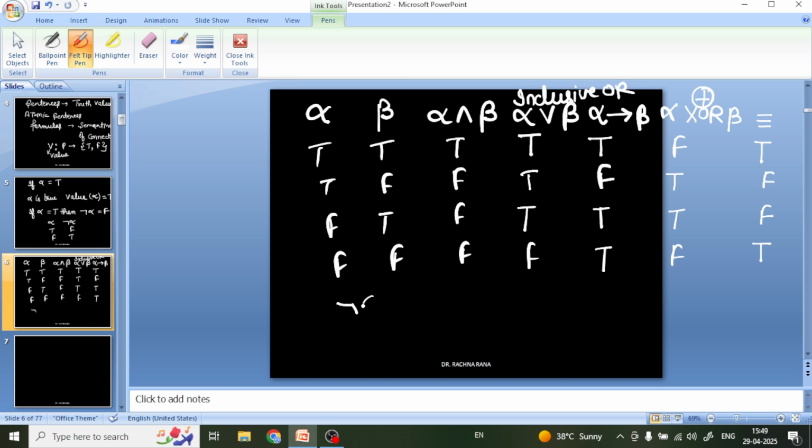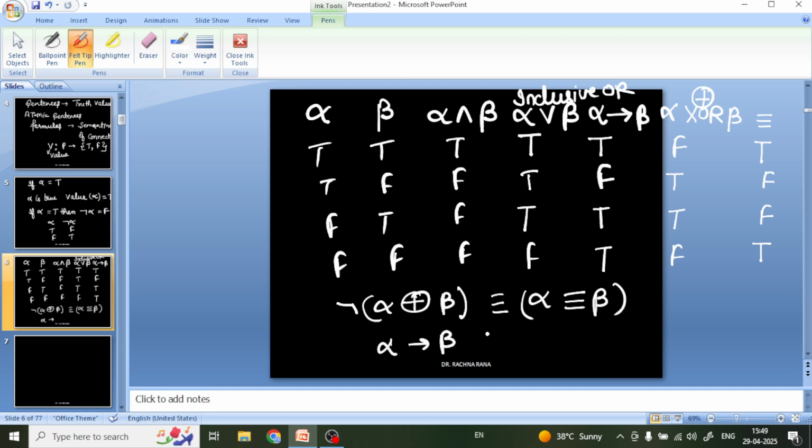Not alpha exclusive beta should be equal to alpha equivalence beta. Alpha implies beta should be equal to not alpha or beta.